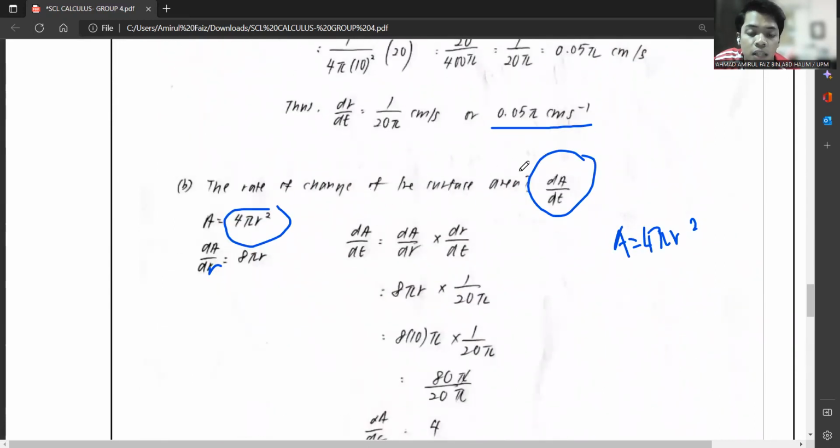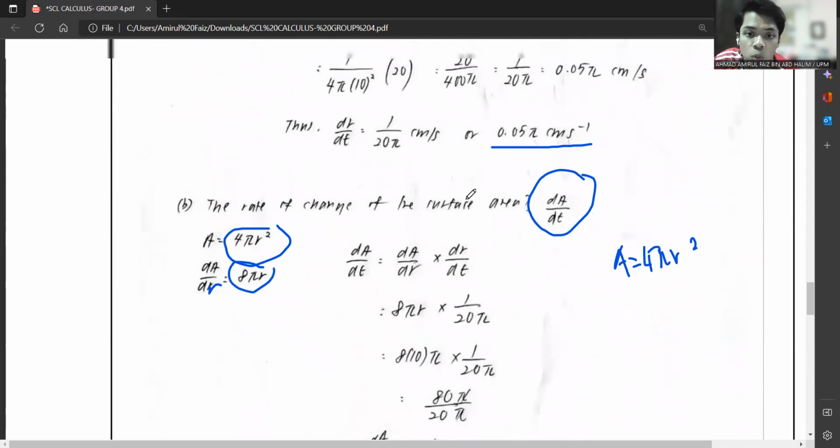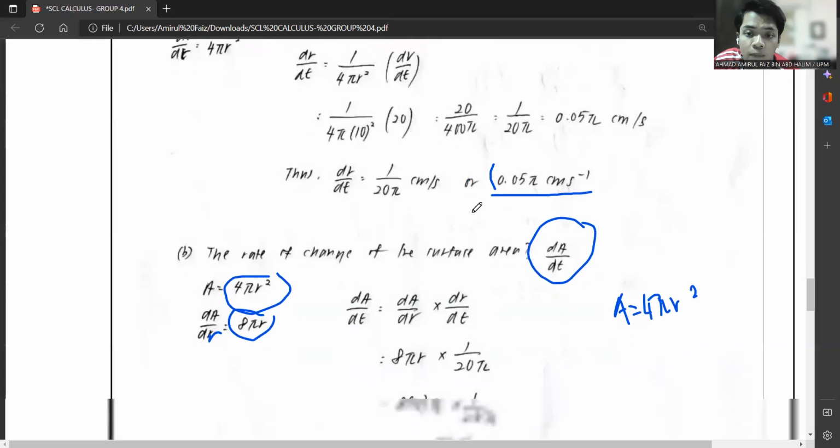As we need to find dA/dt, dA/dt is equal to dA/dr multiplied by dr/dt. dA/dr is 8 pi r as we know here, and then multiplied by 1 over 20 pi, which is 0.05 pi.